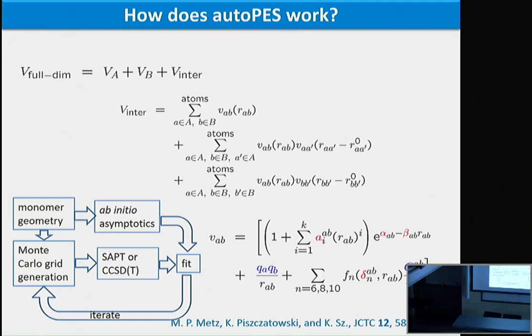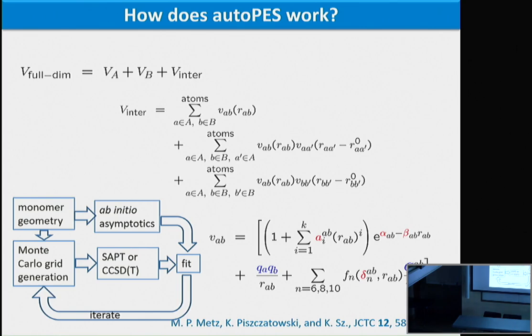So we are going by orders of magnitude to better and better accuracy. Okay, so going back to how AutoPES works. The full dimensional potential is represented as the intramonomer potential of system A, of system B, and the intermolecular potential. For the intramonomer part, we can take potentials developed by somebody else. For example, Jonathan Tennyson's potentials for water are very useful in this case.